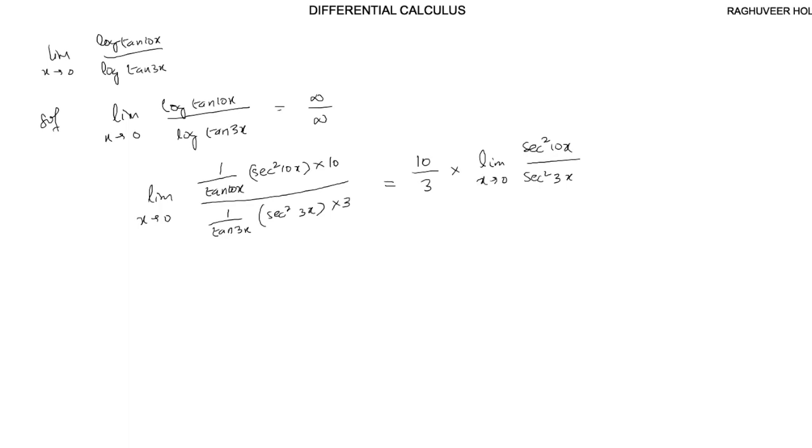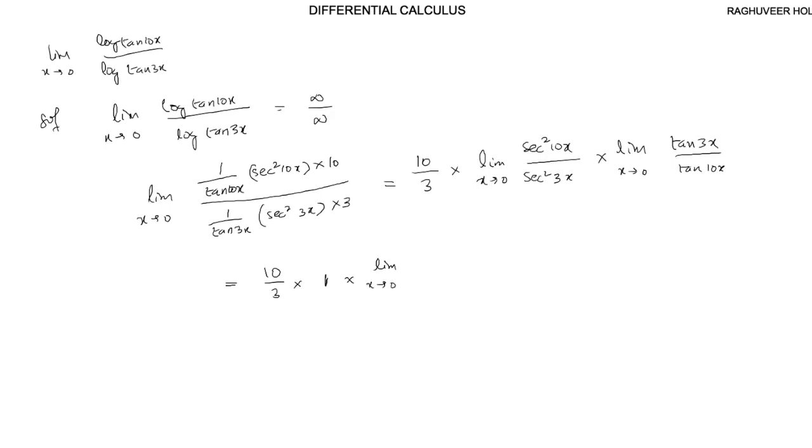Now we'll take secant together, so secant square tan x by secant square 3x, as x tends to 0, multiplied by the limit as x tends to 0 of tan 3x by tan 10x.